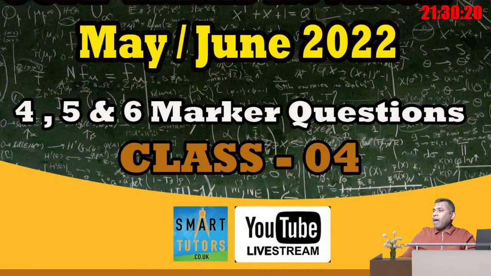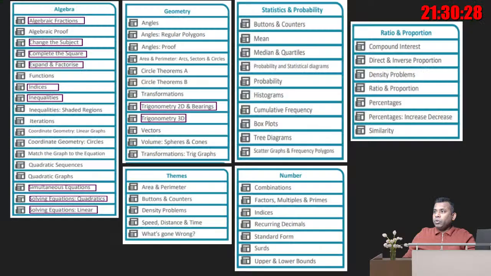Hope you remember we started this session specifically for the May-June 2022 GCSE students. The way we are doing it is we are picking up some topics and going through one by one how the exam question is going to be.